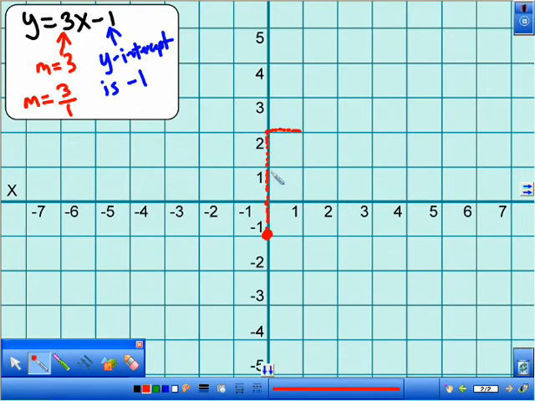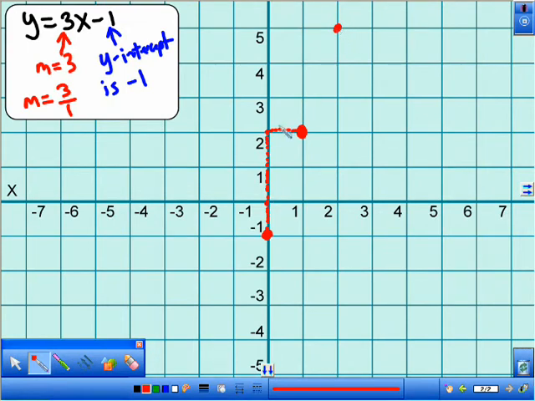You can choose to go either up and then to the right, or we could have also gone down and to the left 1 unit. In any case, after that sequence, we want to tag a point because we've just generated a point using the slope. So let's try it again. 1, 2, 3, 1 over.